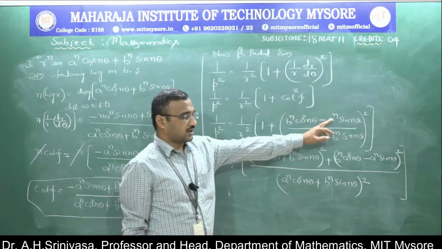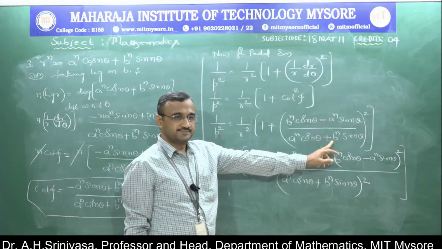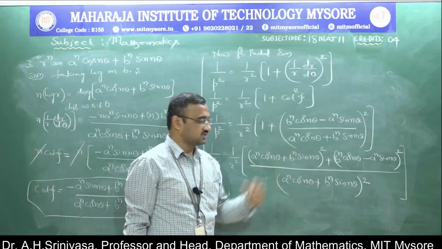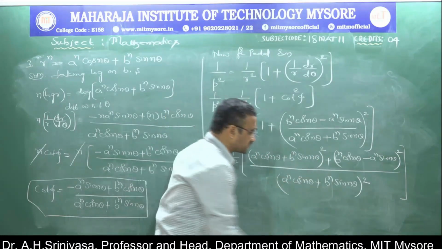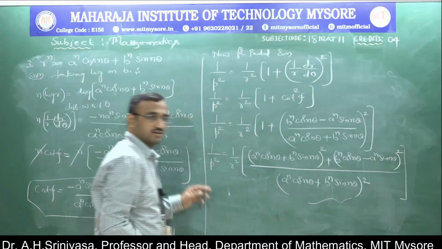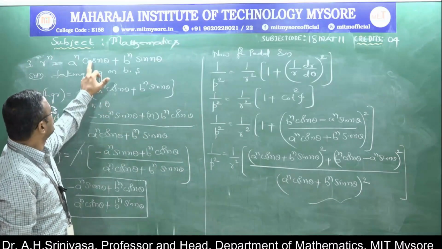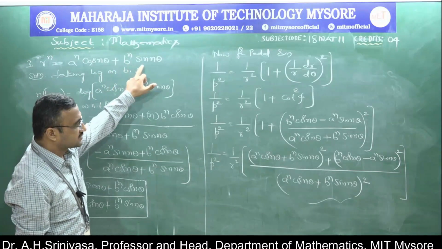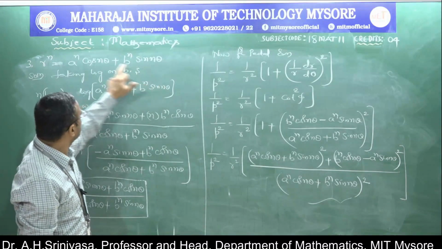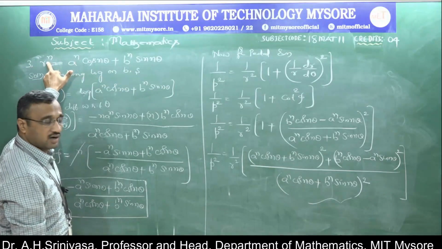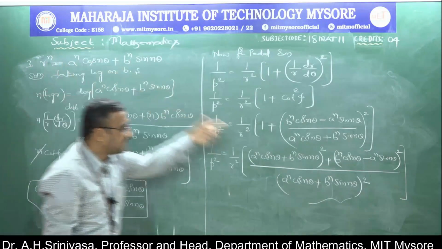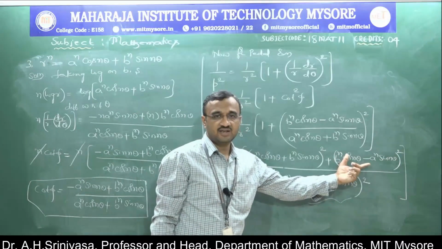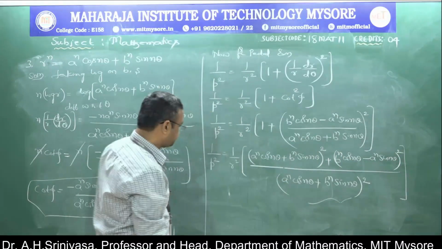So here, apply the power to these two functions, then take an LCM, and we get the equation in this form. Now we take a substitution using the given function: r power n equals a power n cos n theta plus b power n sin n theta. Use this relation. Instead of the denominator, we put r power n, and expand the numerator by a plus b whole square and a minus b whole square to simplify.